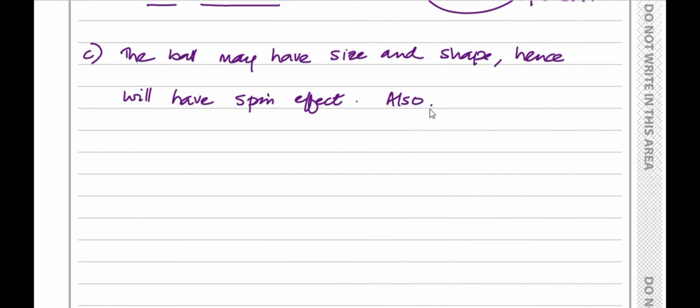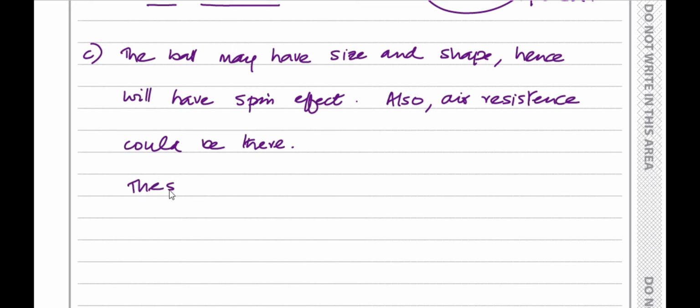Also, air resistance could be there. These are not considered in the model. So this could affect the answer for Part B.